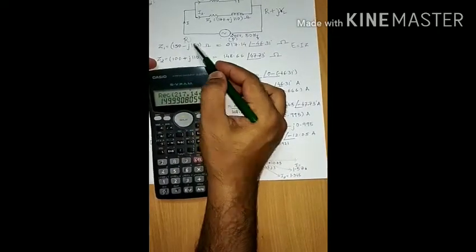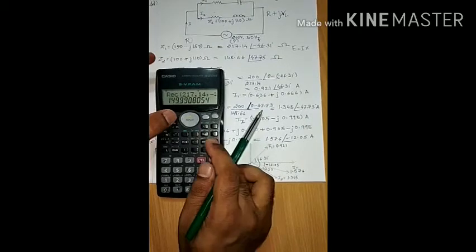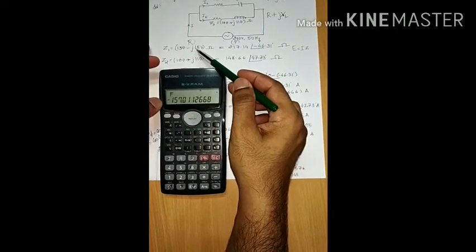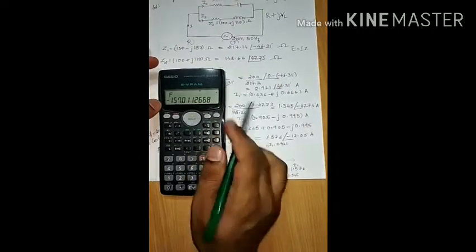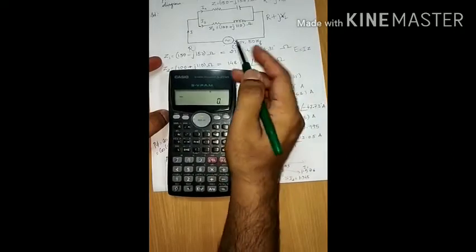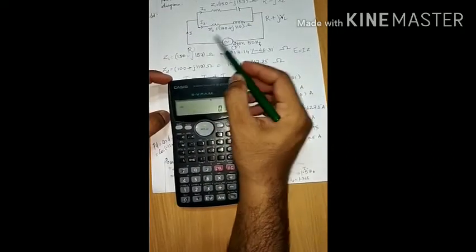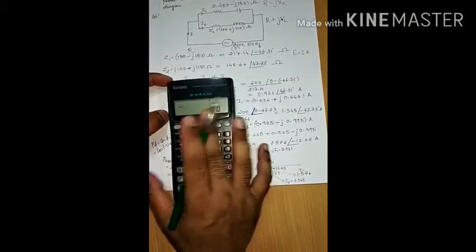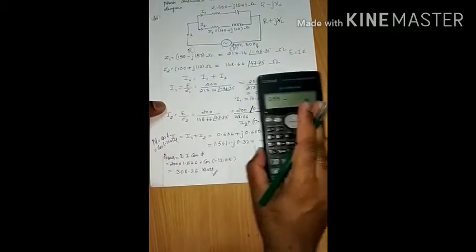Now I need to find the imaginary component. Again, alpha F equal to, which is minus 157.0, which is the right answer. So you got to know how we can convert rectangular to polar and back again to rectangular by using a calculator.